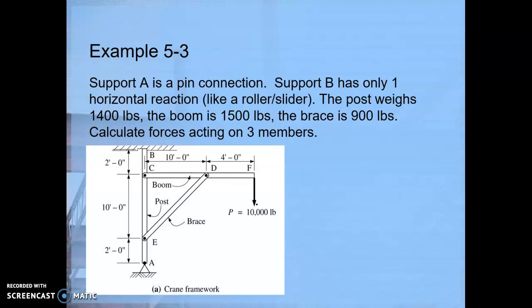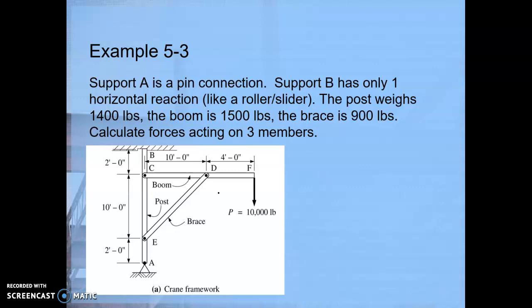We have a load applied at the end of this horizontal boom, and these are all pin connections. So the only thing that's going to prevent this boom from swinging down when we apply this load is this brace. This brace is connected partway across the length of the boom and partway along the height of the post.